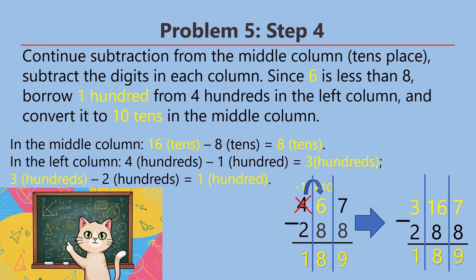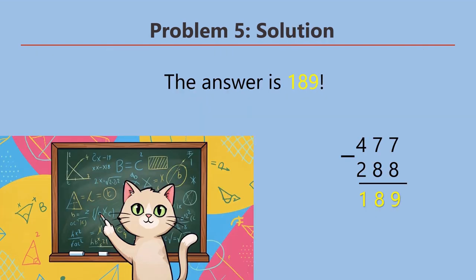In the middle column, 16 tens minus 8 tens equals 8 tens. In the left column, 4 hundreds minus 1 hundred equals 3 hundreds, 3 hundreds minus 2 hundreds equals 1 hundred. The answer is 189.